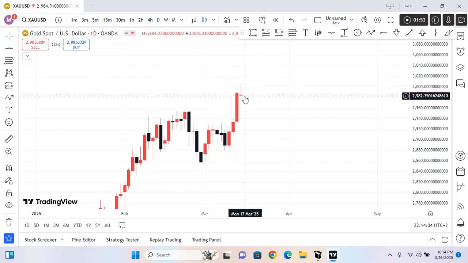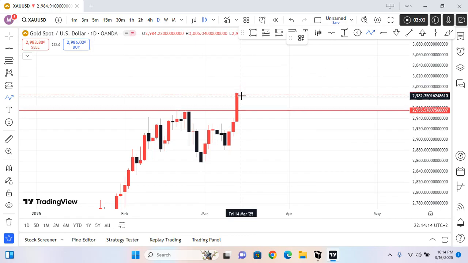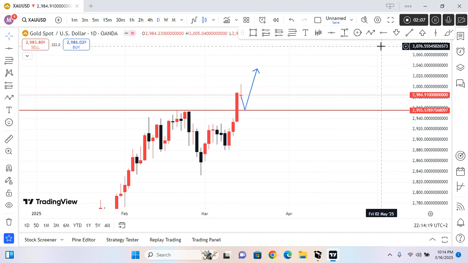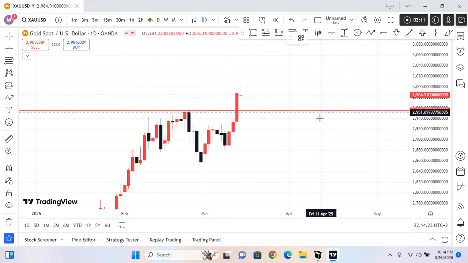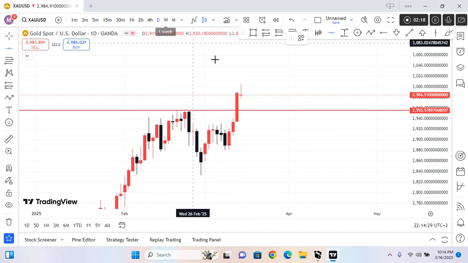It clearly tells that it's rejecting from this zone to come to this particular zone, so that it can touch here and then continue with the momentum. But how can we catch it, since we cannot just enter right here on this time frame?